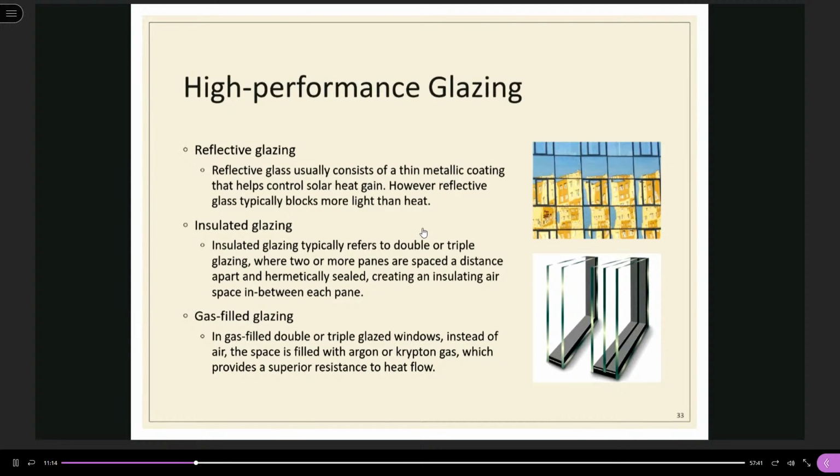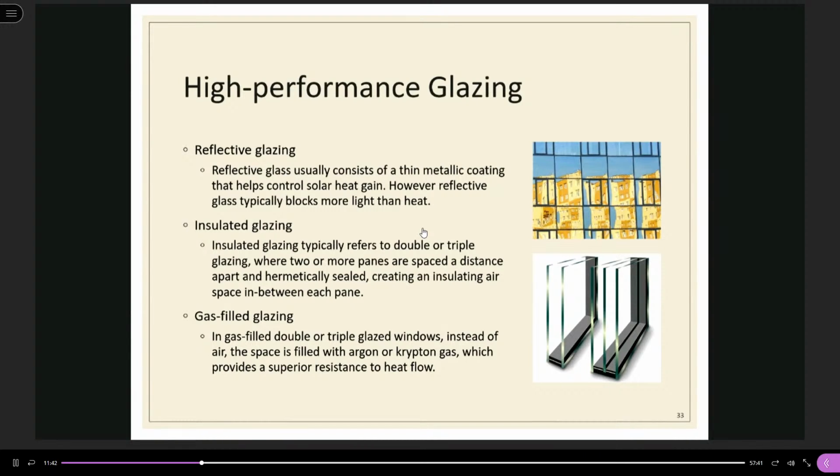Okay, the second type, insulated glazing. Insulated glazing typically refers to double or triple glazing, where two or more panes are spaced a distance apart and hermetically sealed, creating an insulating air space in between each pane. It could be vacuum or not vacuum.